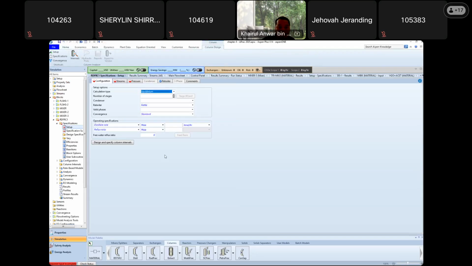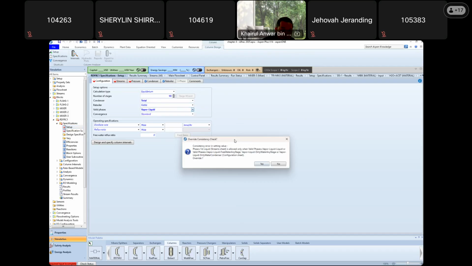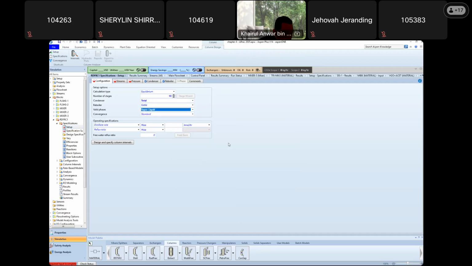Next, yeah, a lot more. Equilibrium, then this is a total condenser, kettle reboiler, this one vapor liquid.